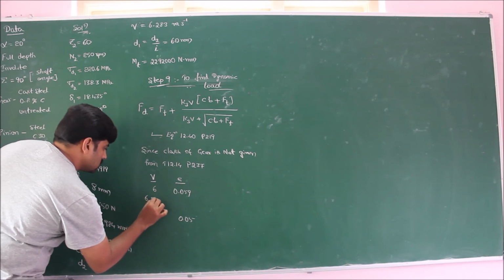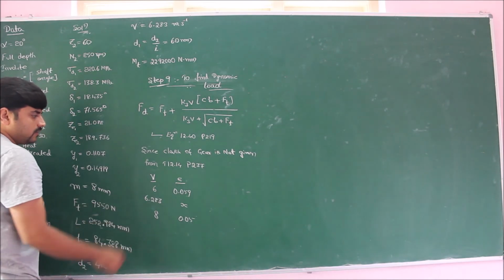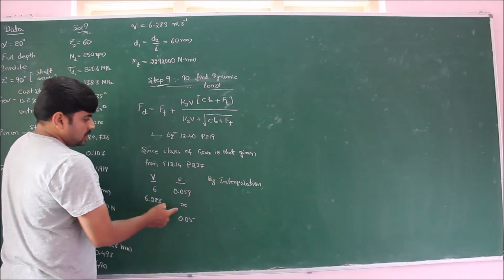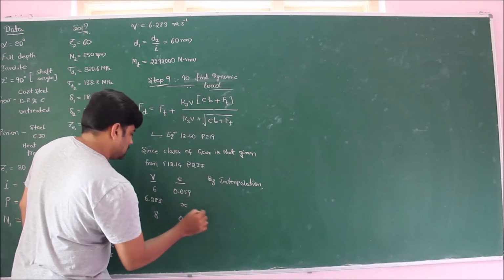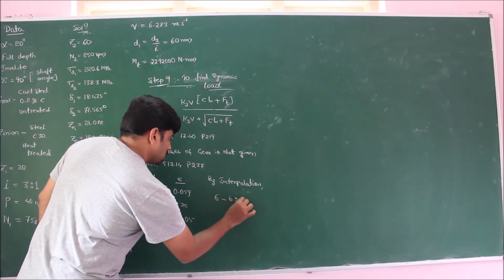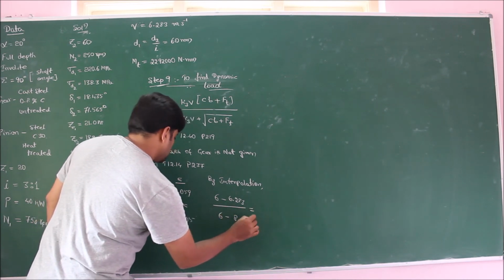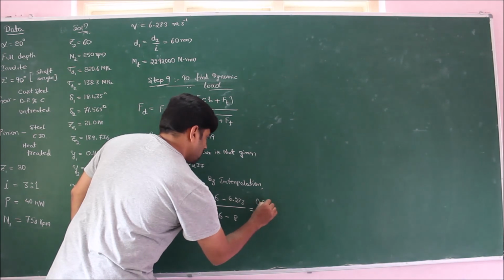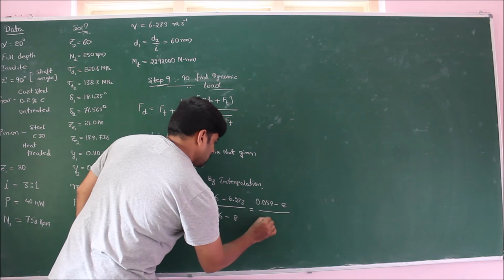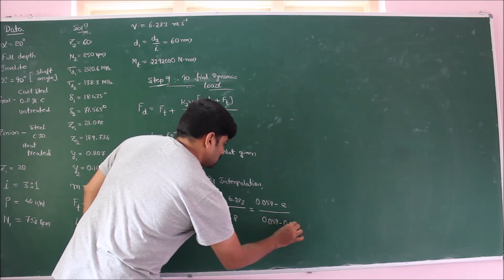For 6.283, I should calculate the value of error. Now, applying the formula of interpolation, the value of error can be determined as (6 minus 6.283) divided by (6 minus 8) is equal to (0.059 minus the value of error which I want) divided by (0.059 minus 0.05).